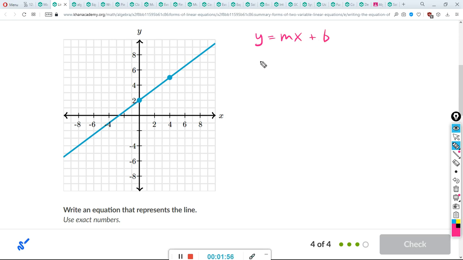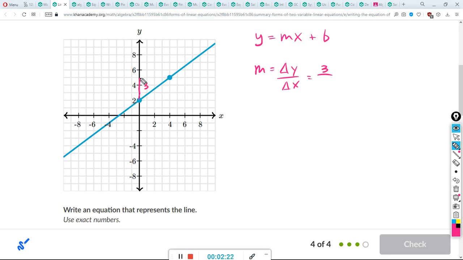All right, so m is the slope, and that is change in y over change in x. Starting from this point, I'm going to go up 1, 2, 3 units up, so that's a positive 3 for the change in y.